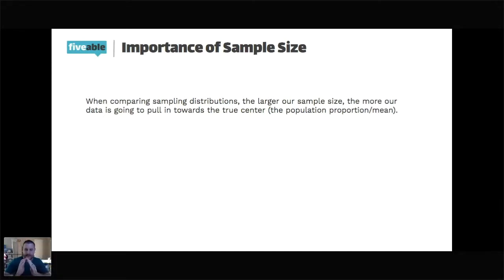And then as we make that sample size larger, it's going to pull our bell-shaped curve in closer and closer to hone in on that actual population proportion or mean. So if we have a sampling distribution with a larger sample, then our population proportion is going to be better estimated because our samples are a lot closer to that population.